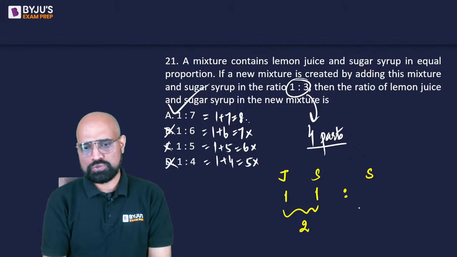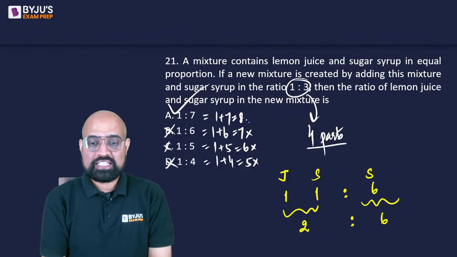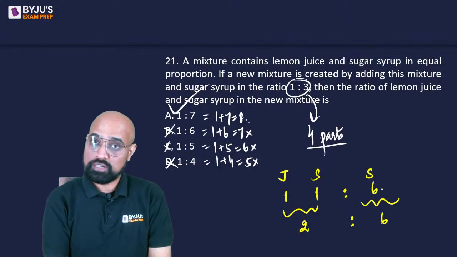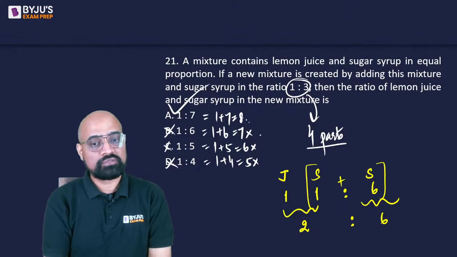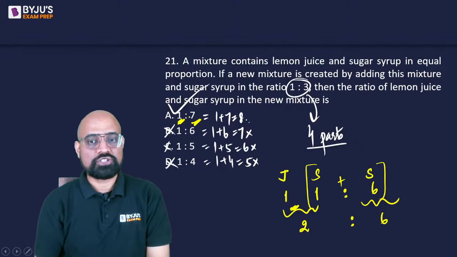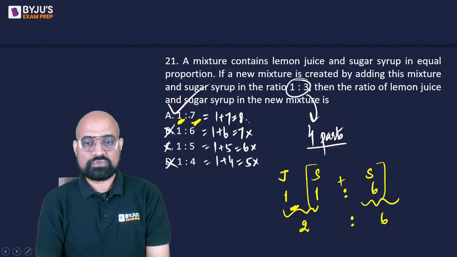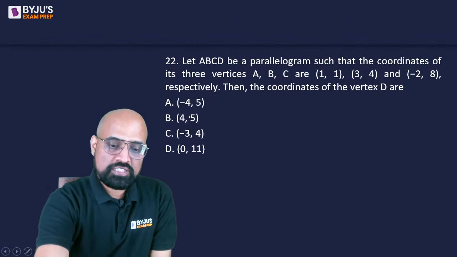If this is 2 and I want it to be in ratio 1:3, then we will have to take 6 here. So if I take 6 units of sugar syrup now, and there was 1 unit already involved, the total sugar syrup is 7 and the juice will remain 1. So that's not going to change. Okay? So 1:7 will become our answer anyways. And I believe this is the last question.